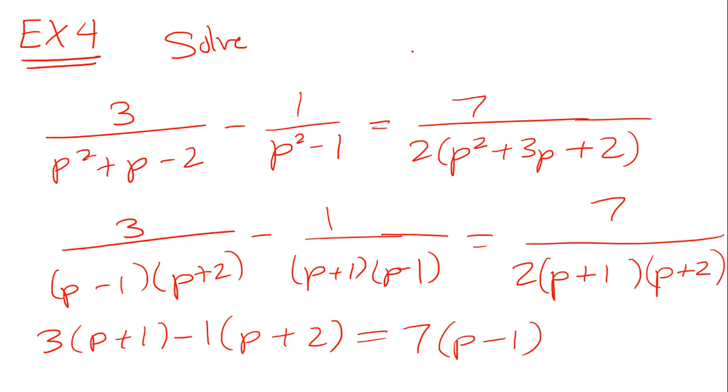Did I leave something off here? Oh, right. There's also a 2 down here. So we need to multiply everything by 2 to get rid of that 2. So let's do this times 2. This is going to be times 2. This is going to be times 2. And this 7 over 2 times 2 is just going to be 7.